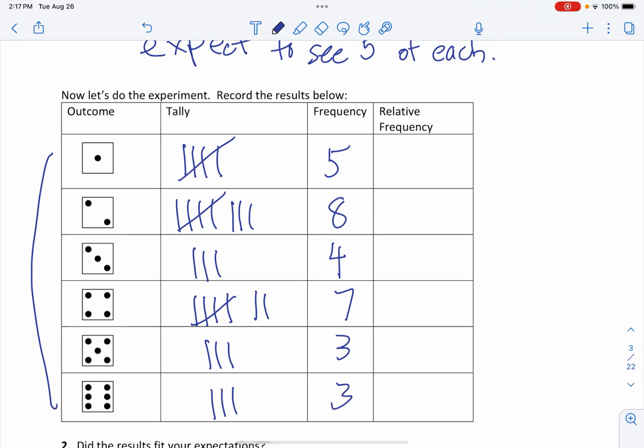So who knows if that applet has fair outcomes, right? So those would be the frequencies. Let's see, does that all add up to 30? Did I do it right? I think so. Okay. Now, what about relative frequency?